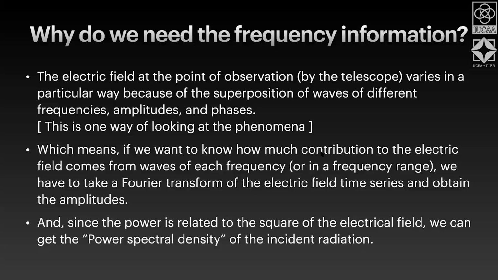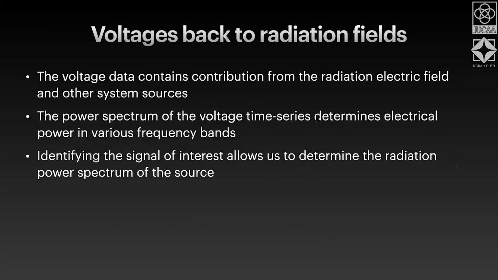Since the power of this radiation field is proportional to the square of the transverse electric field, you can get a power spectral density of the incident radiation itself if we measure the electric field values. We are interested in the electric field, but we are getting voltages which essentially carry that signature.